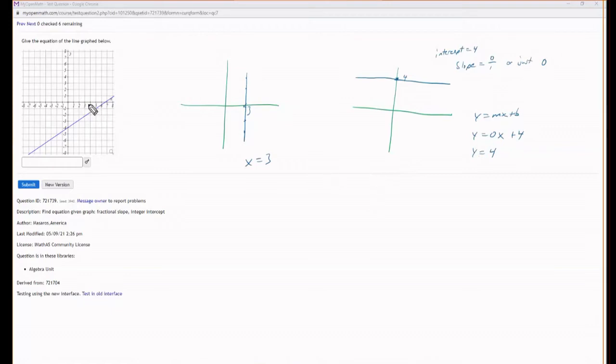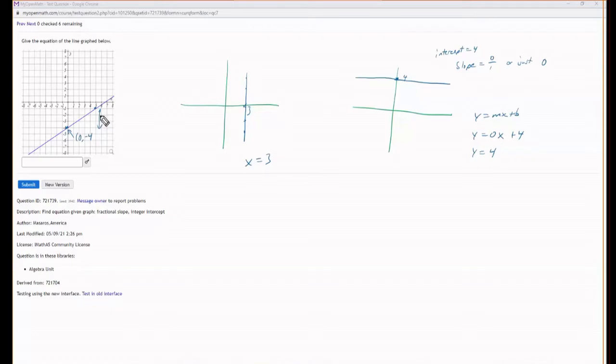Okay. If I look at this one, again, I get a nice whole number for my intercept, -4. And I think I have to go all the way out here to get whole numbers for both x and y. Okay, but it's worth it if you can do that.